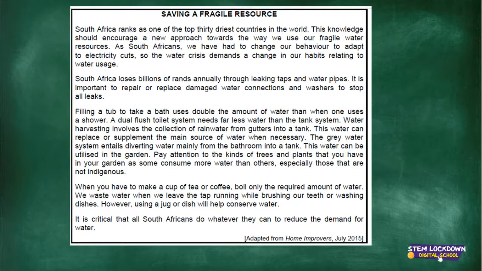The grey water system entails diverting water mainly from the bathroom into a tank. This water can be utilized in the garden. Pay attention to the kinds of trees and plants that you have in your garden, as some consume more water than others, especially those that are not indigenous.